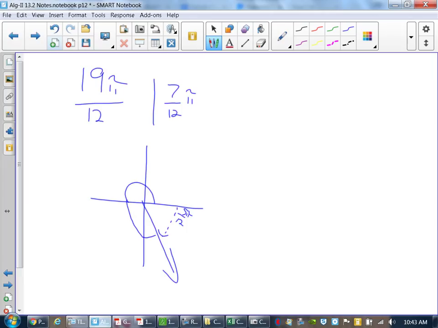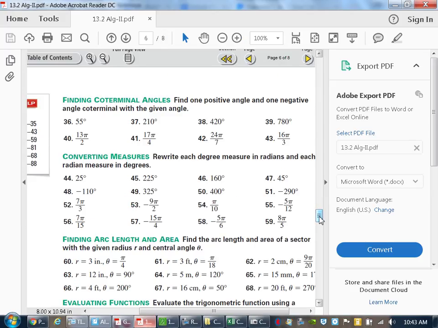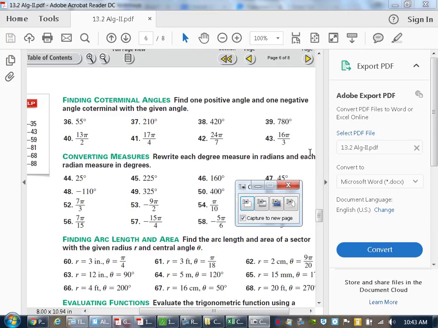Now, when we go into this whole idea of coterminality, were the degree measure ones okay? Or was there anything goofy with degree measure coterminals that you wanted to look at? We're okay on those? Just spinning around, spinning back and forth and all that? Can you just go over one of them?